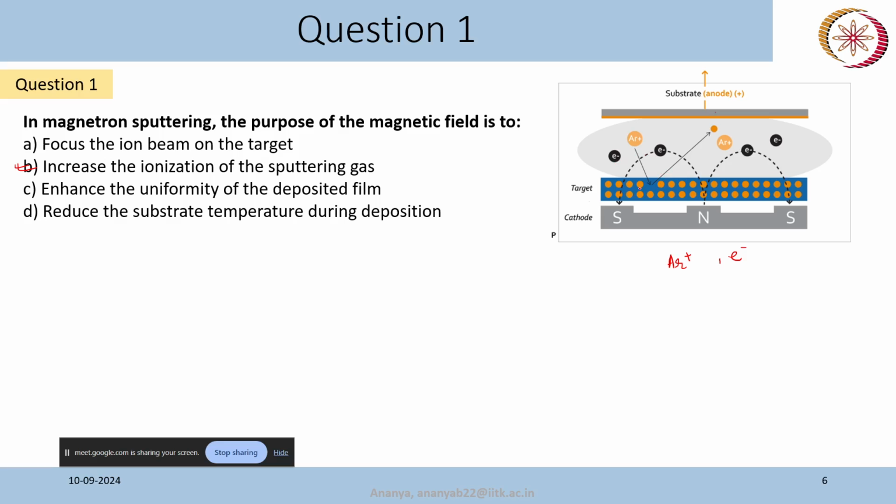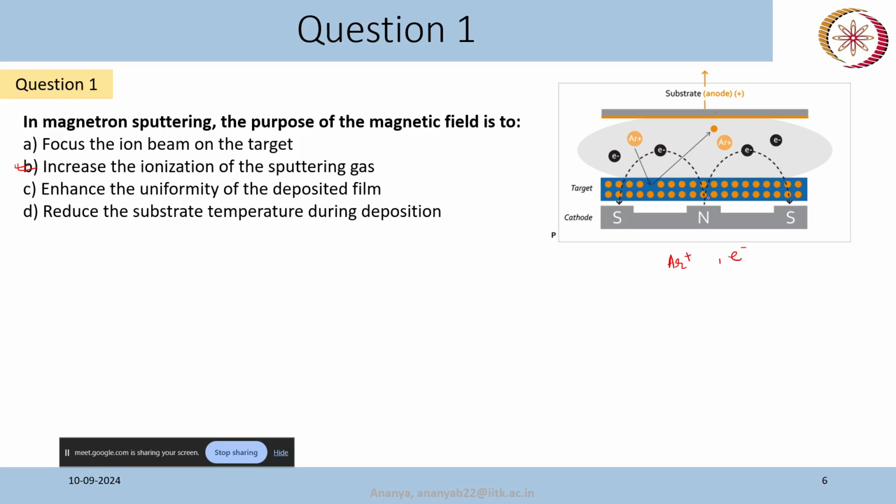Now you know that electrons will respond to this magnetic field. Because of this magnetron, the path of the electron will deflect like this. So this is the north pole and this is the south pole. The electron will move like this.